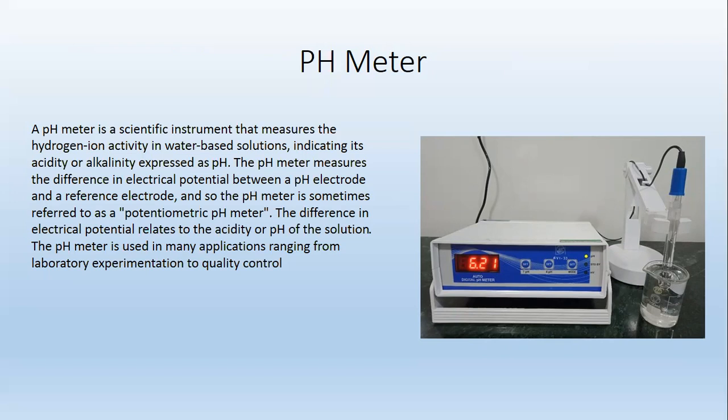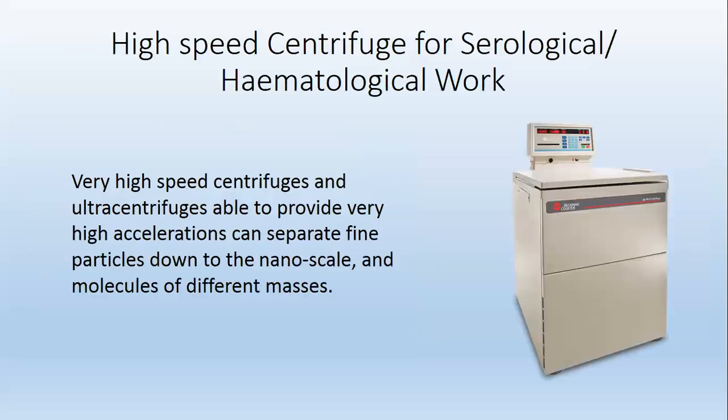The difference in electrical potential relates to the acidity or pH of the solution. The pH meter is used in many applications, ranging from laboratory experimentation to quality control.